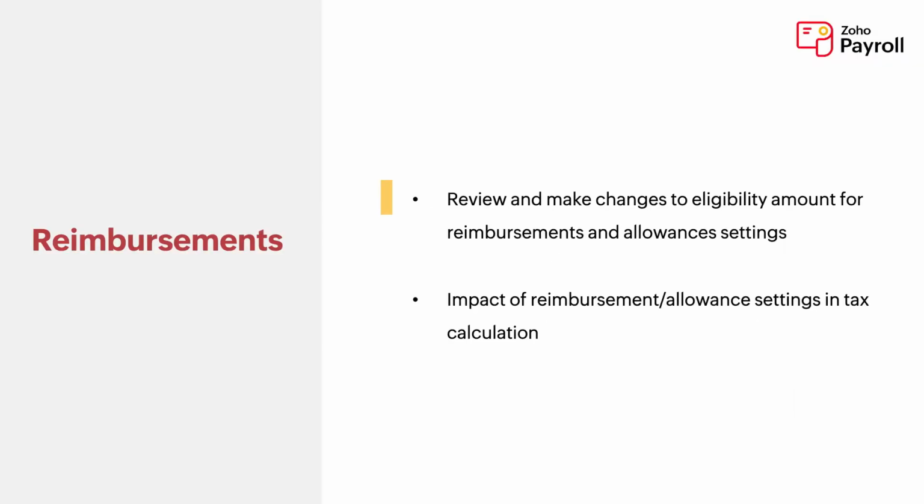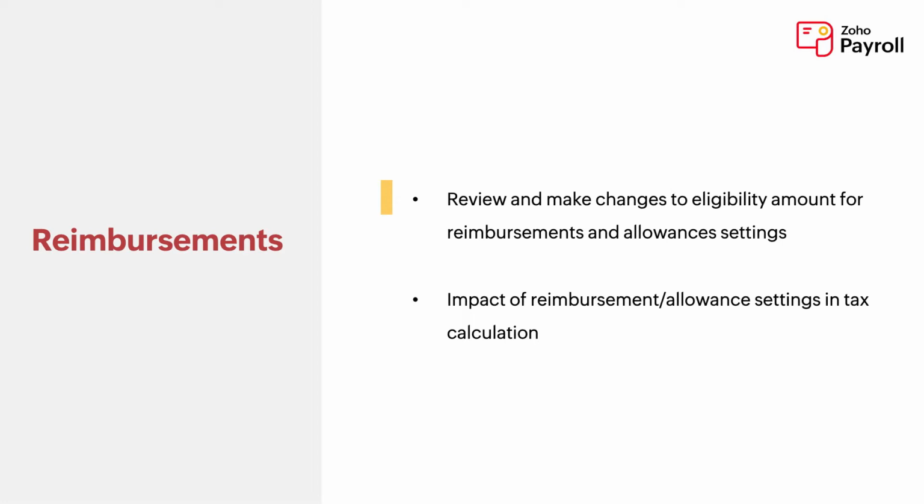Moving on. We were talking about making changes to employee salary structure and how you can introduce new components to your employee salary structure. Here in this section, we will talk about reimbursement components and how that will affect your employees' tax calculation in Zoho Payroll.